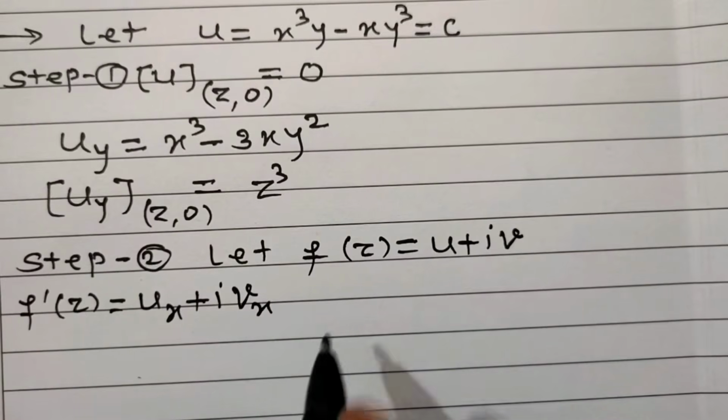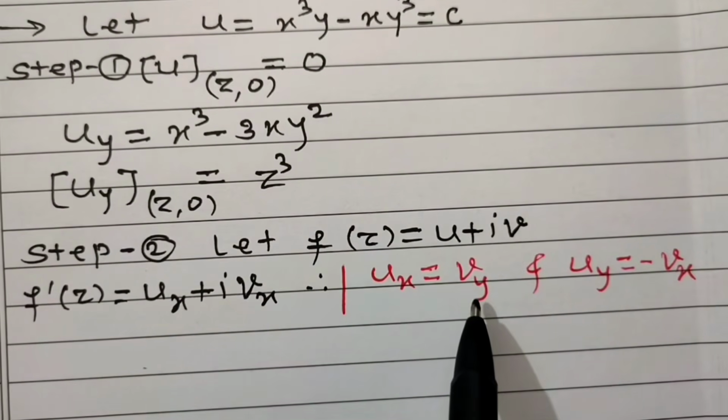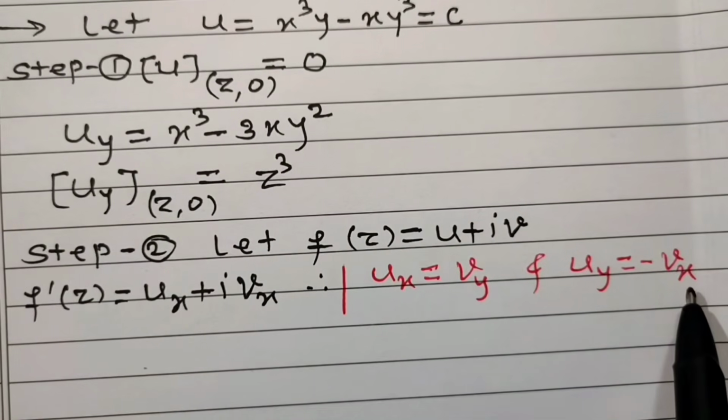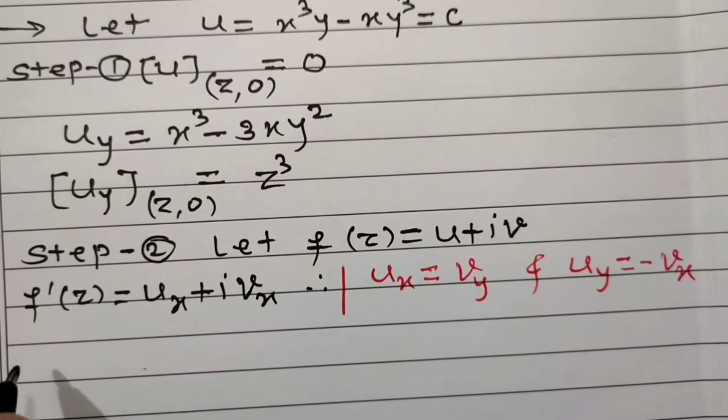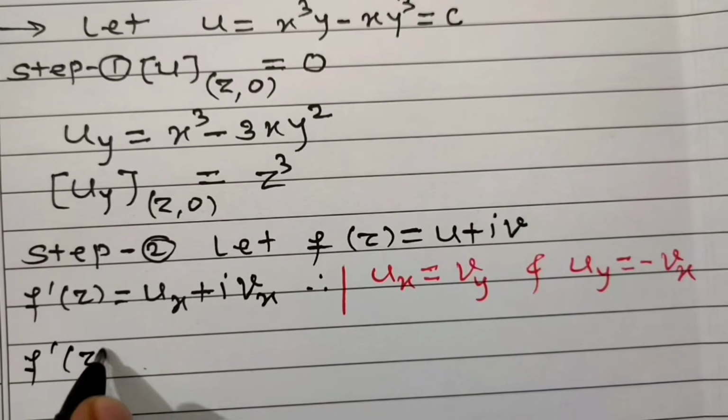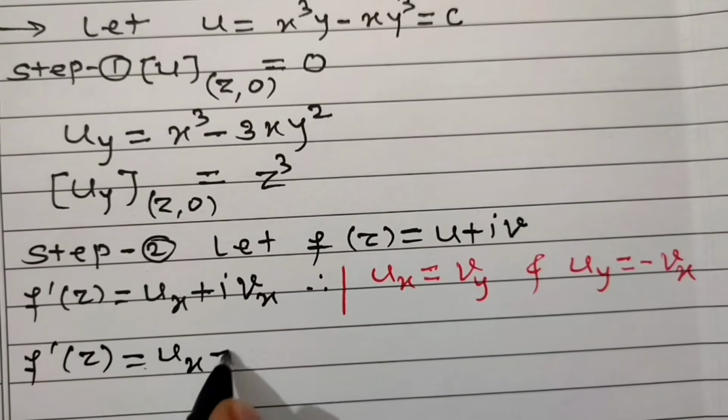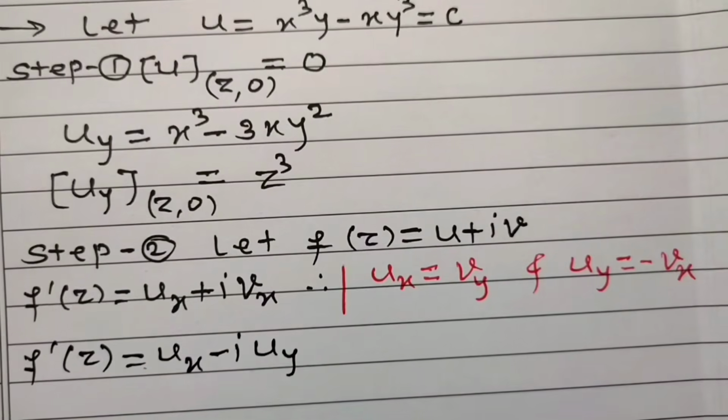So applying Cauchy-Riemann equations, ux is equal to vy and uy is equal to minus vx. So replace this vx by minus uy. f dash z is equal to ux minus i into uy. Okay.